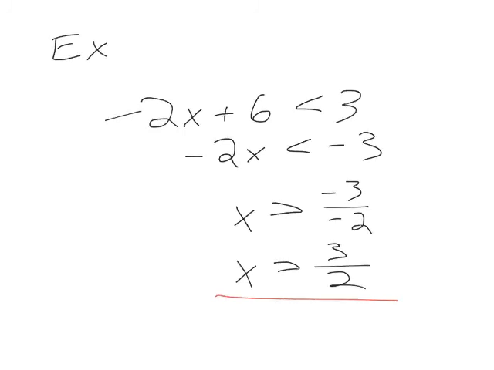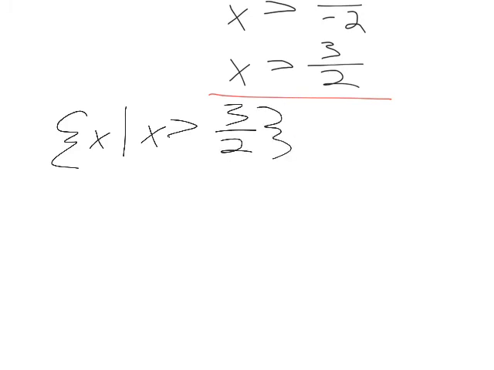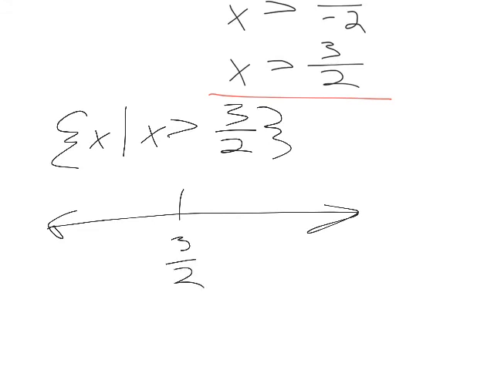And if we want to do the other notations right quick, set builder: x such that x is greater than 3/2. The graph, the number is 3/2. I mark that on there. It's less than, so it'll just be a parenthesis, and I want greater than again. So parenthesis at 3/2, and then shade in to the right, where all the numbers are larger.